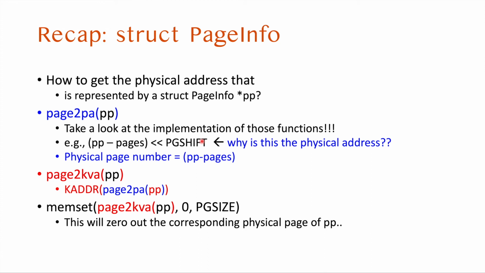Then let's interpret this. It first does the operation pp minus pages. Pointer arithmetic is just a plus and minus operation, so it's easy, don't worry. But what does this pp minus pages mean? Here I wrote that it means physical page number, but why?